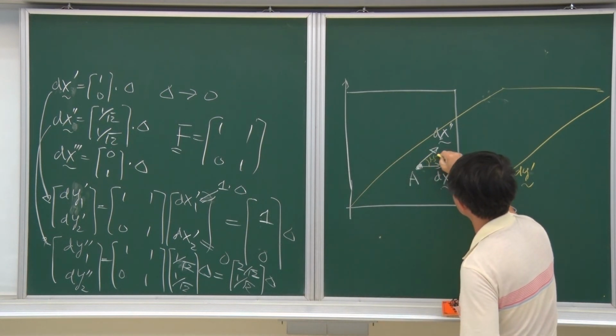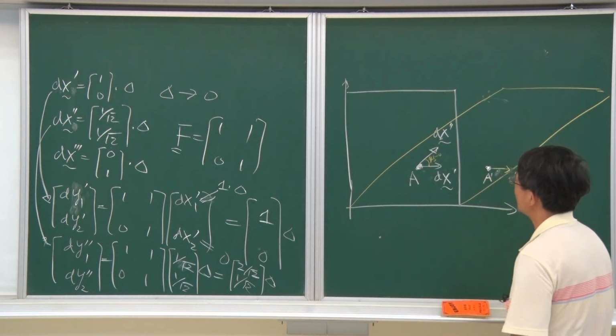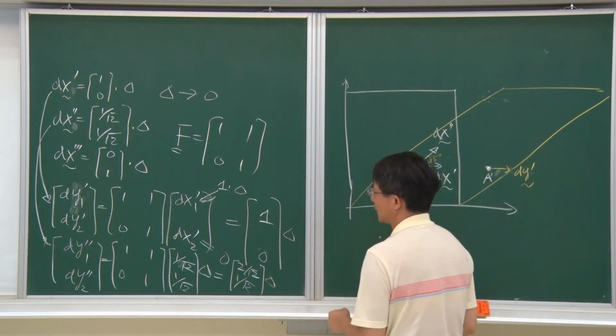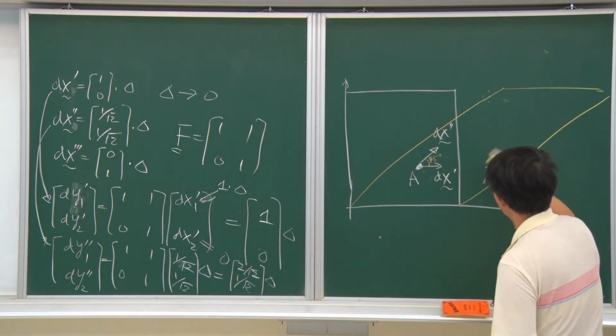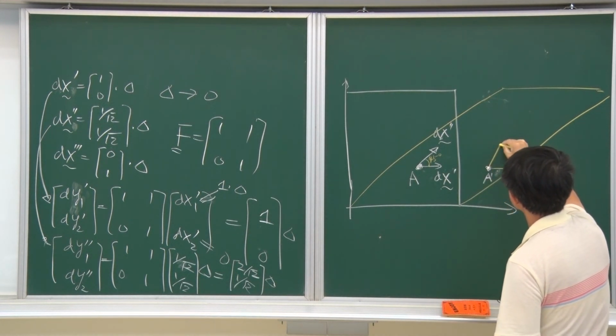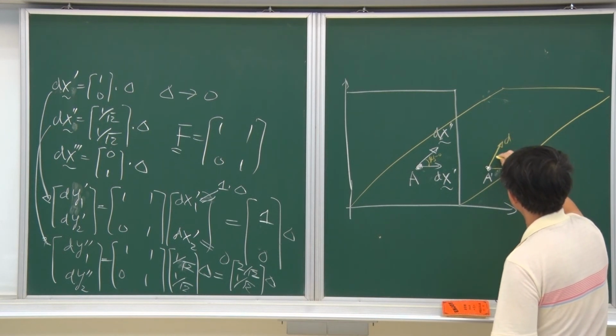The 45-degree material line is now not 45 degrees anymore, but about 60 degrees, larger than 45.